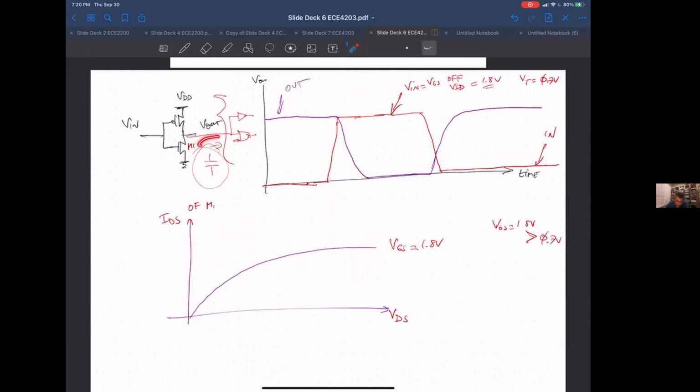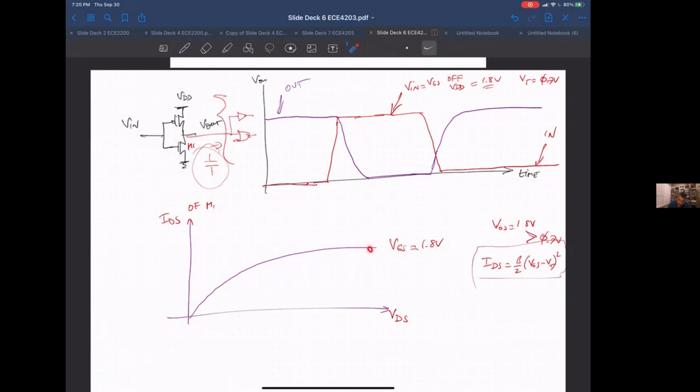As you discharge, it's going to have a bunch of current right here. At that point, this guy has an IDS value of beta over 2 times (VGS minus VT) squared. This is just the simplified ideal current.